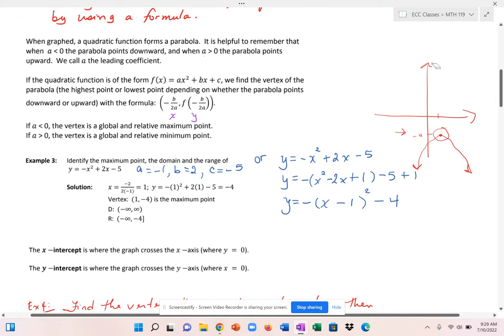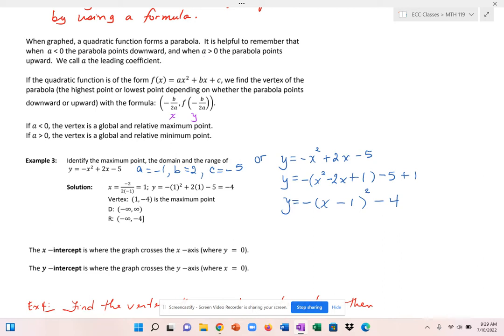Remember, we talked about x and y intercepts when we were graphing lines. They also exist, or could exist, with quadratic functions. The x-intercept or intercepts, there could be two, is where the graph crosses the x-axis. In other words, that's when your y is equal to 0, and then you solve for x.